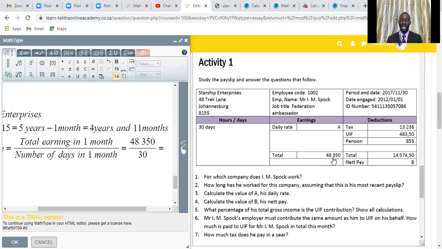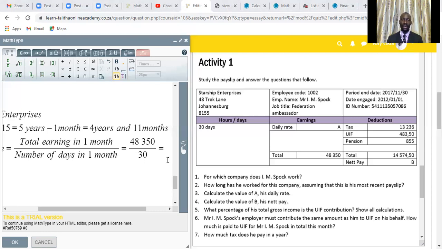And so let's go ahead and use our calculator to do that. We will be having 48,350. We are supposed to be dividing this by 30, which is the number of days in 1 month. That would give us in 1 day 1,611.67.